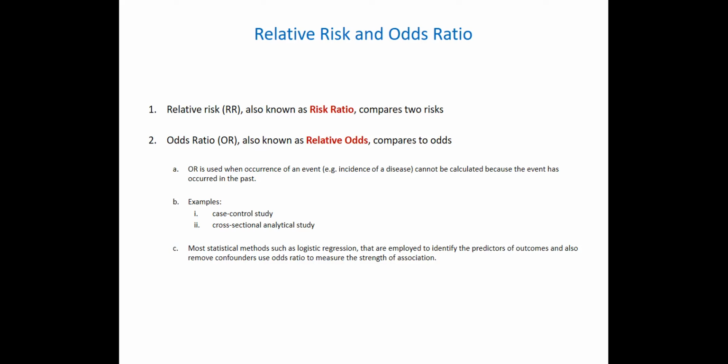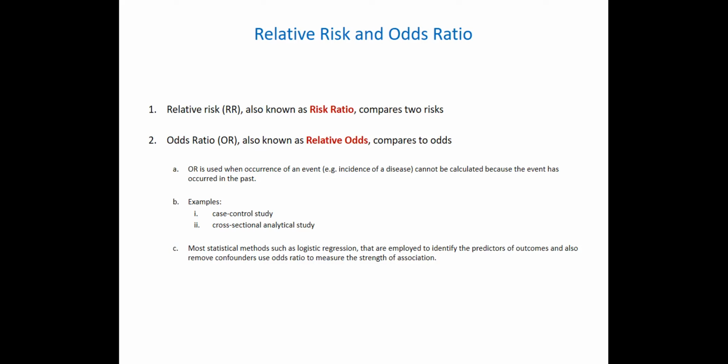In that situation, you cannot calculate the risk of the disease because the disease has already occurred. You can only calculate odds. That is why in studies like case control, even cross-sectional study, you calculate odds. You cannot calculate risk.